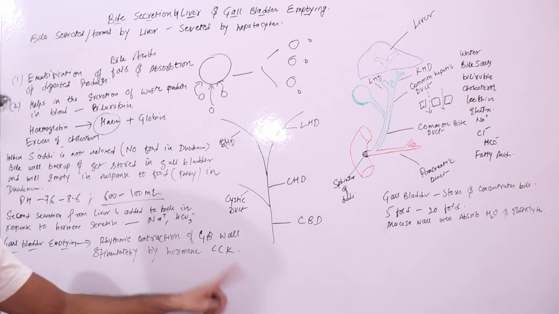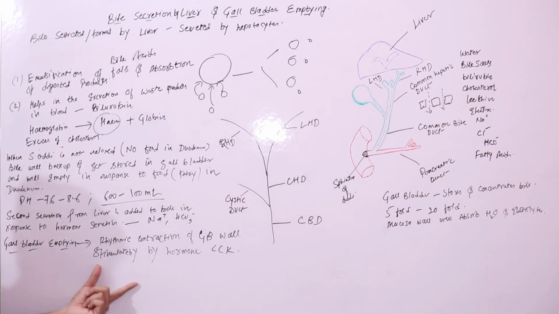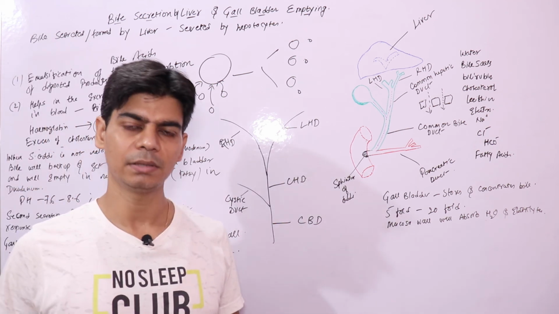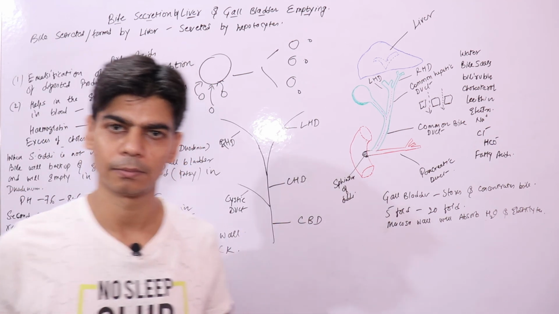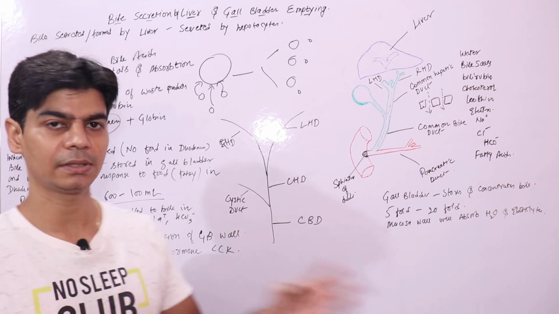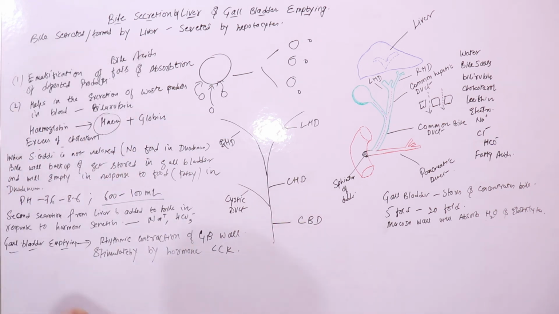This rhythmic contraction is also, to some extent, stimulated by acetylcholine, secreted by the vagus nerve, which we know from our previous physiology and anatomy knowledge. So it is also stimulated less strongly by acetylcholine.